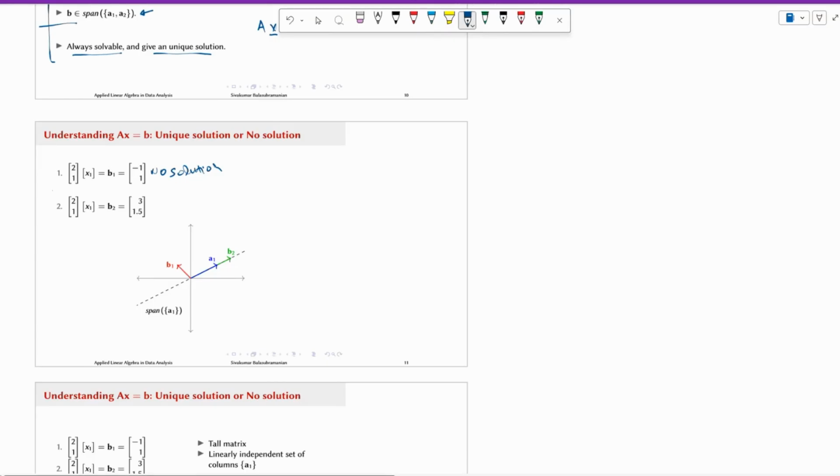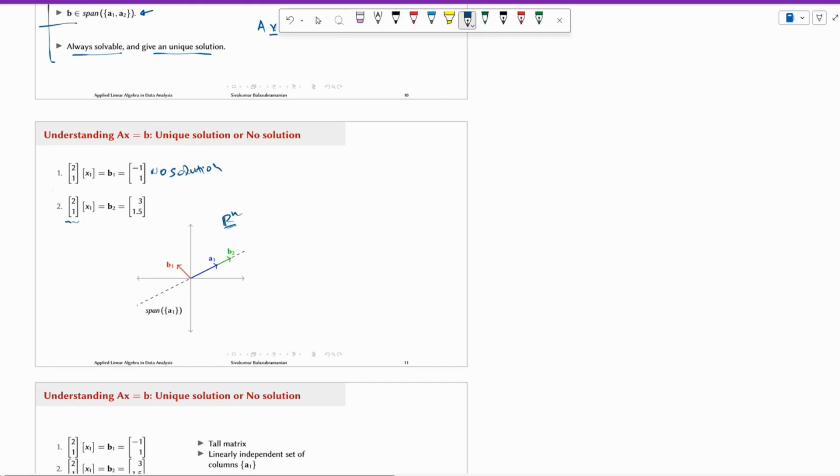And if you look at the geometry, now A has only one column, right? And it's still in R2 because remember in the column view, we are always looking at Rn. Rn is the number of what? Number of rows in the matrix A, or the space from which the columns of A come from. Right.